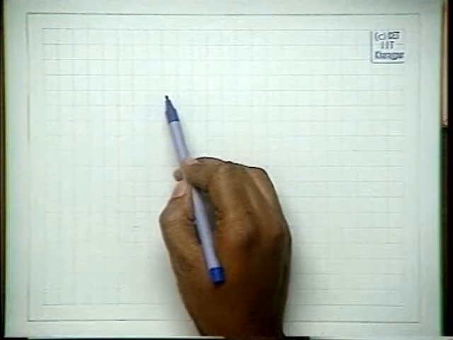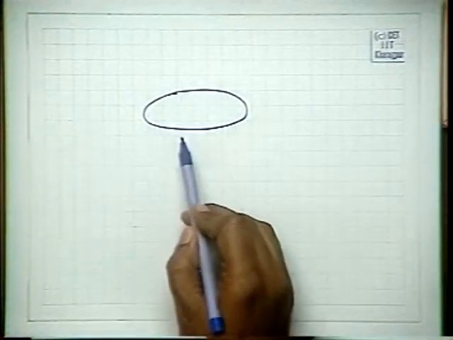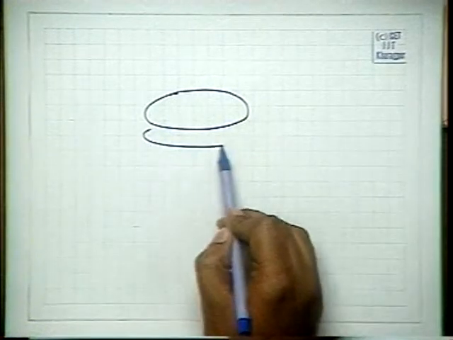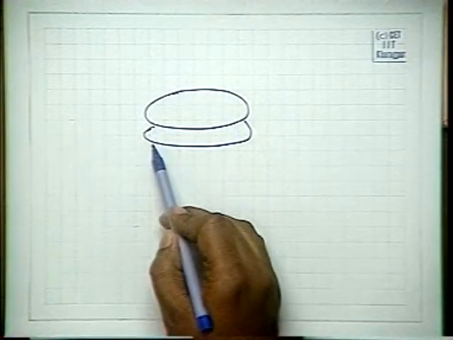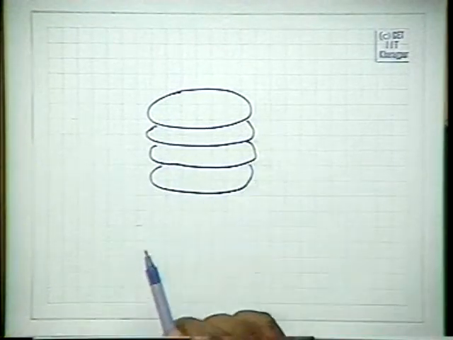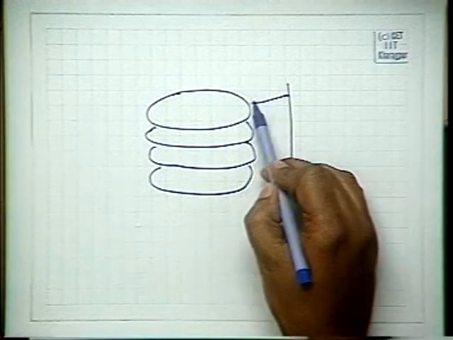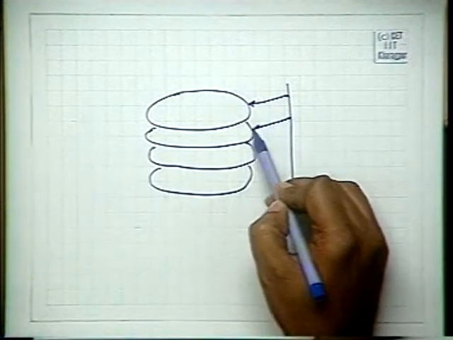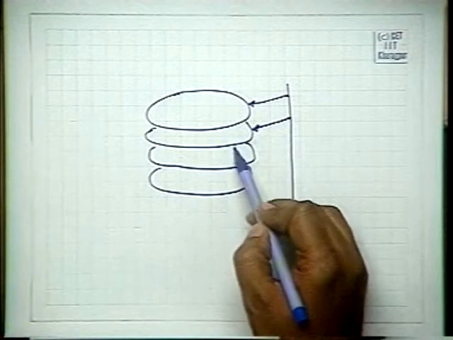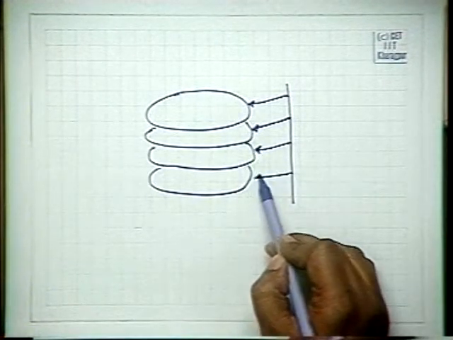The disk, schematically, if we go through a disk, it consists of a set of disks. Instead of one disk, there are many disks like this, and we have a number of disk heads. I am drawing one, but there may be two on both sides of each of these disks.